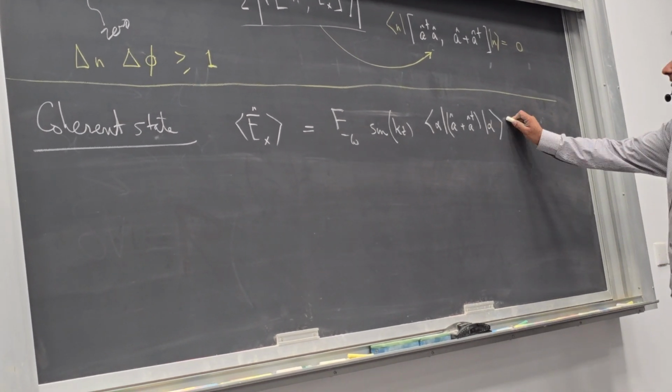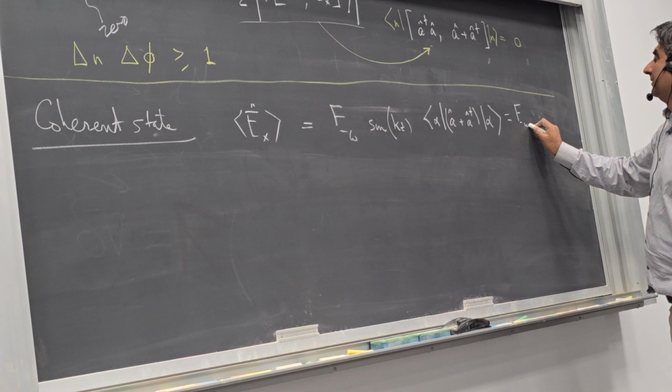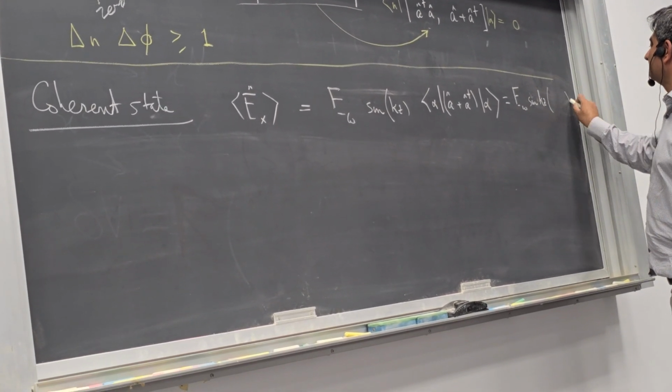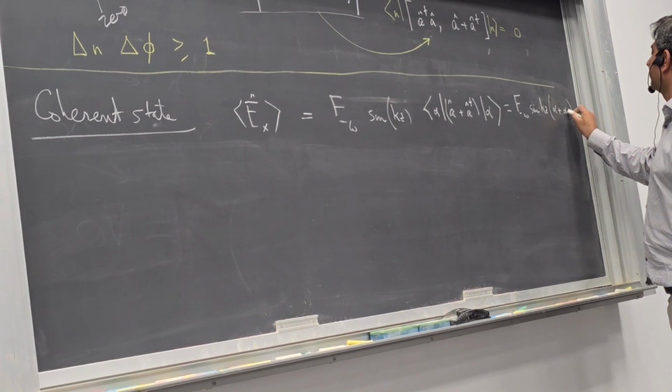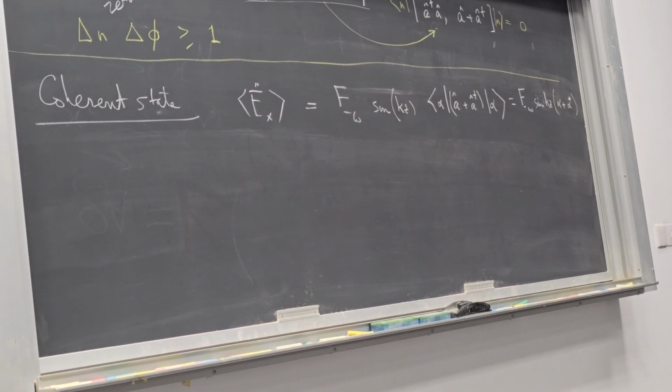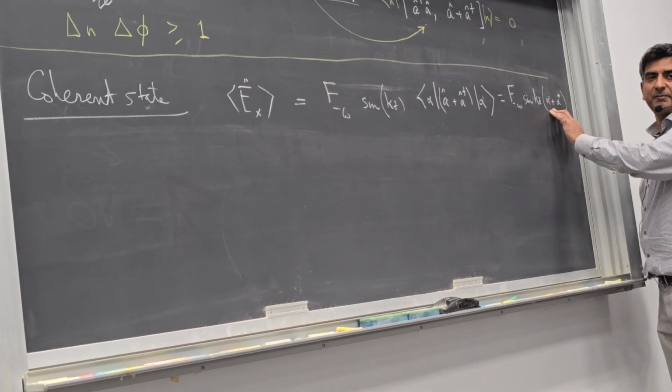So this is E omega sine kz, alpha plus alpha star, which is proportional to the real part of the complex number alpha.